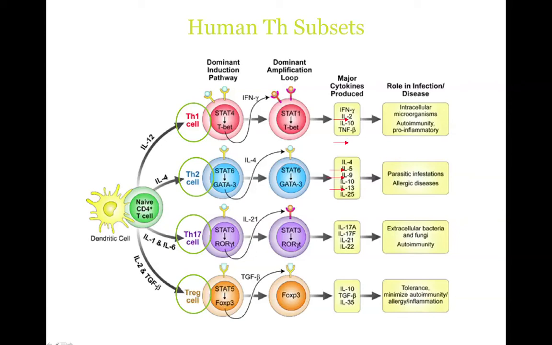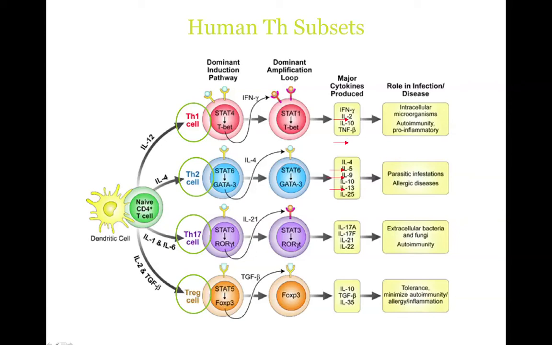All of them we know are initiated by very different transcription factors and other factors that are found in the cell. We know that Th1 produces certain cytokines that are in the main pro-inflammatory. We also know that it's involved in some aspects of autoimmunity, and they're very pro-inflammatory.